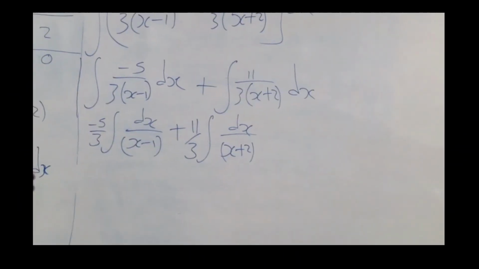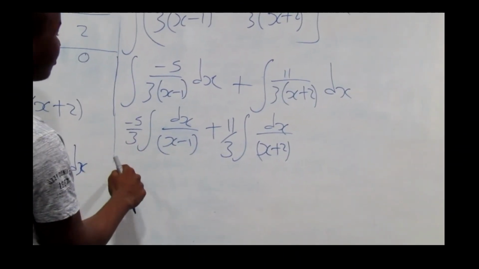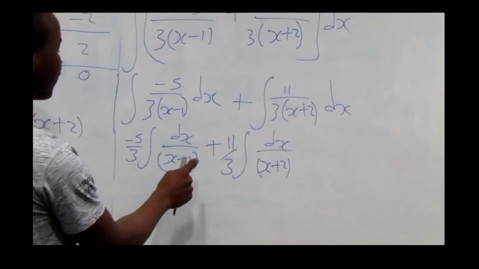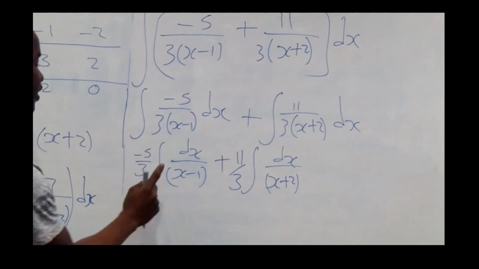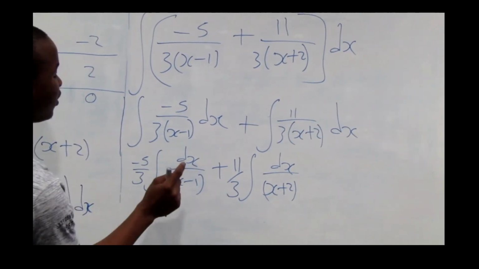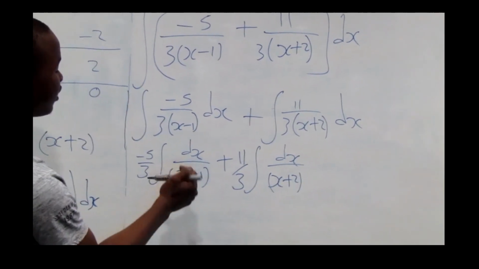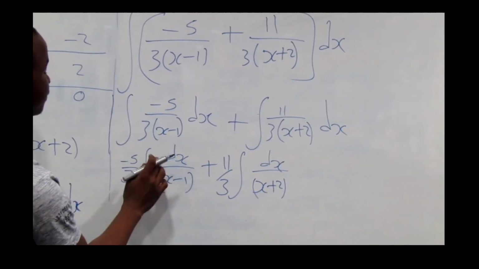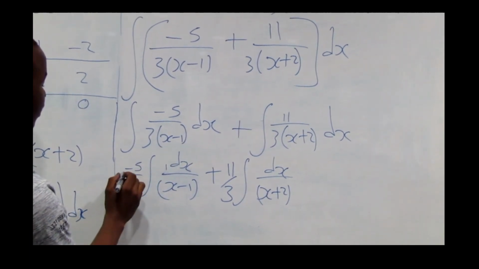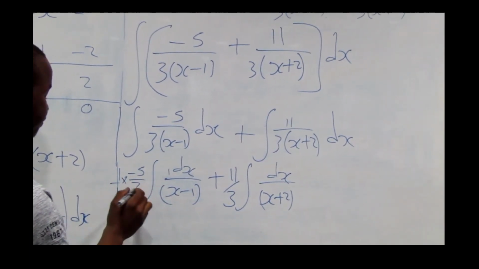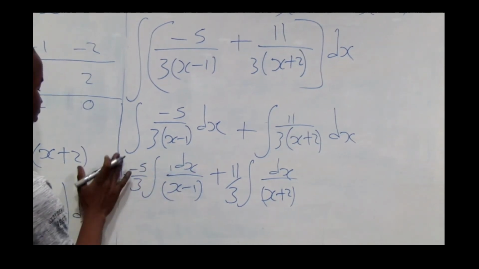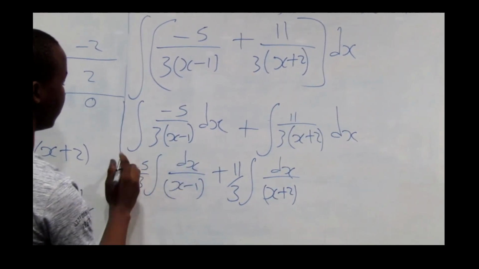When you integrate, we take the coefficients outside, and this is our f of x. When we differentiate x, it gives us 1, so you multiply by 1 over 1, which gives us 1. So we ignore it.